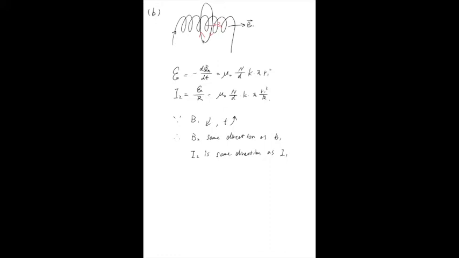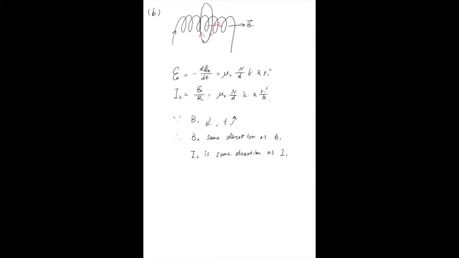And from the EMF, we can get the induced current in the ring by using EMF over R, which is μ0 times N over D times K times π times R1 squared over R, where the capital R here is the resistance of the ring.